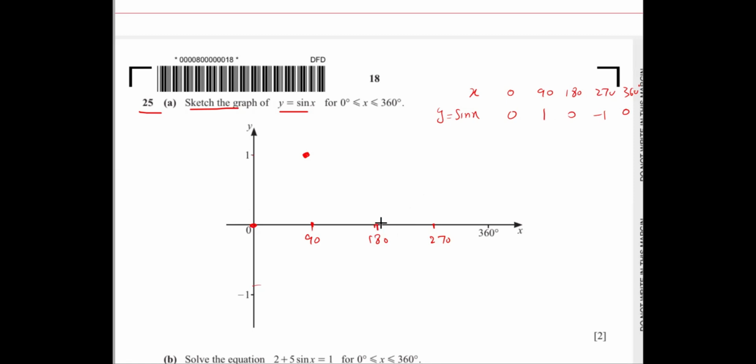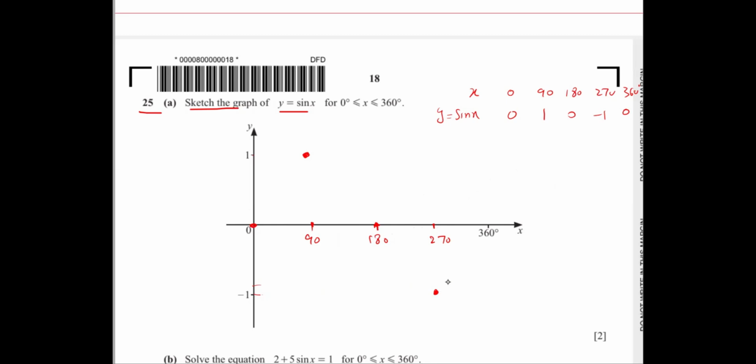Next, 180, 0: y coordinate is 0 and x coordinate is 180. For a point on the x-axis, the y coordinate is always 0 and the x coordinate has some value. This is 180, 0, and we will mark this position. Next is 270, minus 1. This is 270, this position is minus 1, and we will mark this position here.